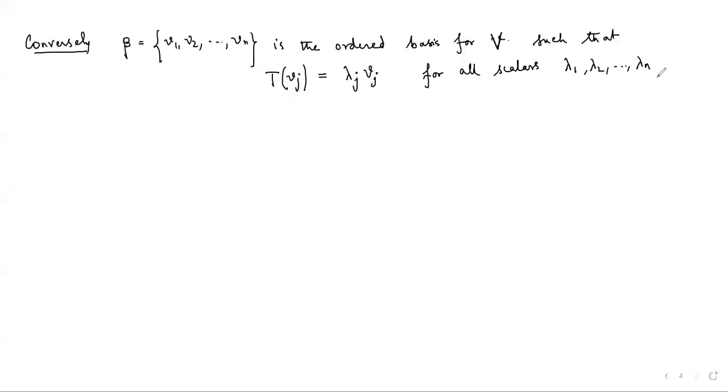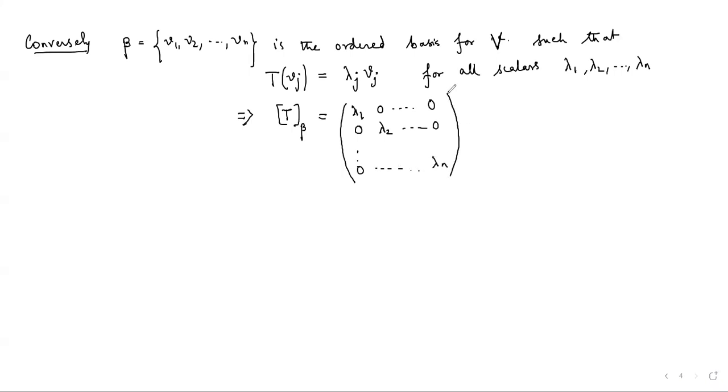If such a transformation exists for all scalar quantities, then obviously this implies that the matrix representation of this linear operator will be of the form lambda 1 0 0, 0 lambda 2 0, 0 0 lambda n, which is obviously a diagonal matrix, and therefore this implies T is diagonalizable.